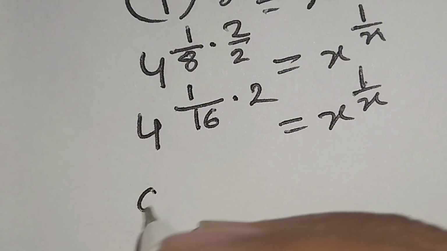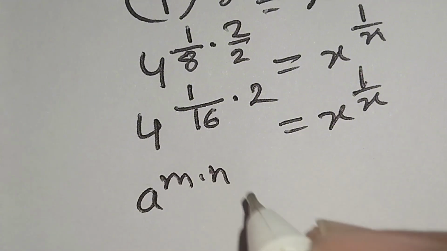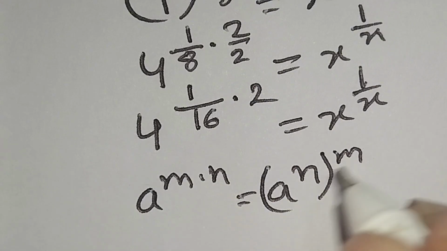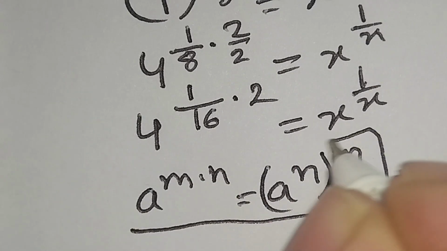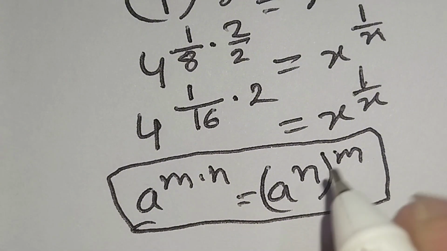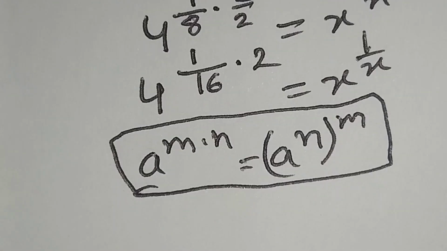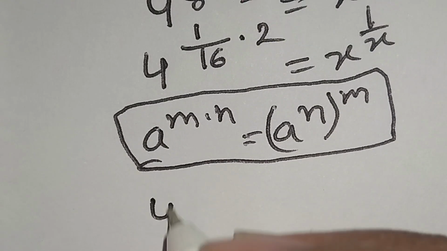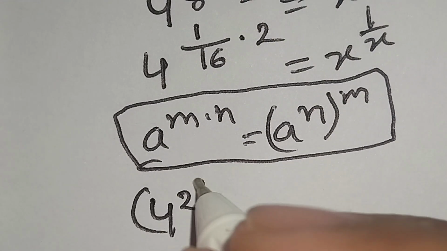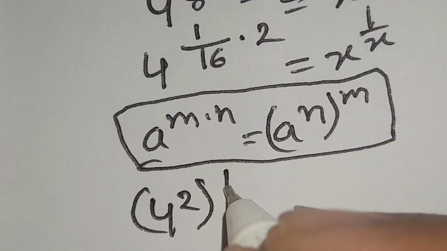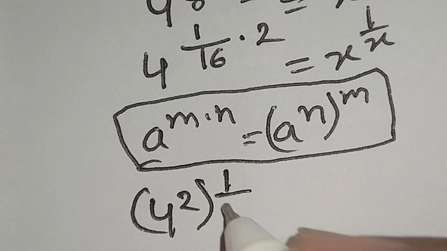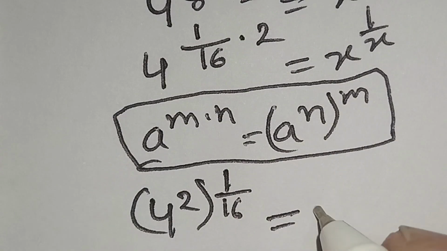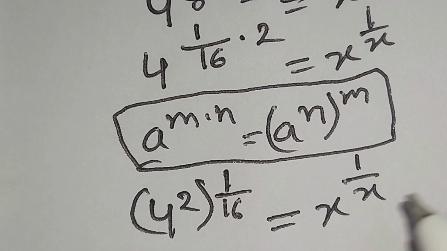We know a to the power m times n is equal to a to the power n, whole power m. According to this identity, we can write 4 to the power 1 over 16 times 2 as 4 to the power 2, whole power 1 over 16, is equal to x to the power 1 over x.